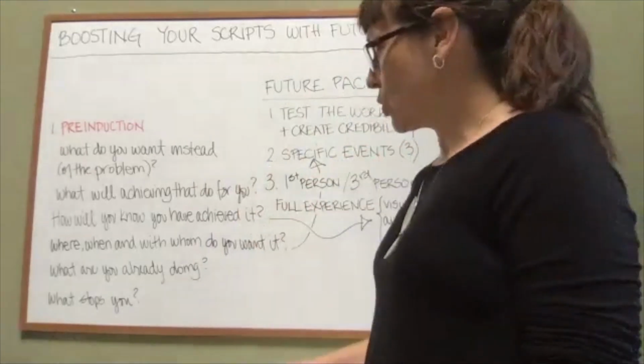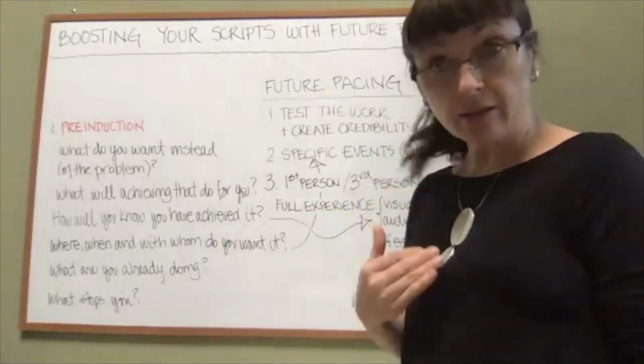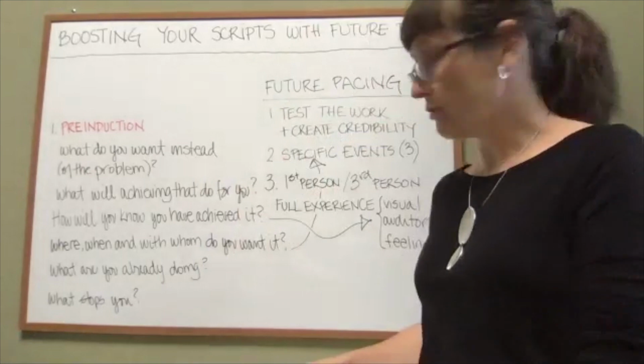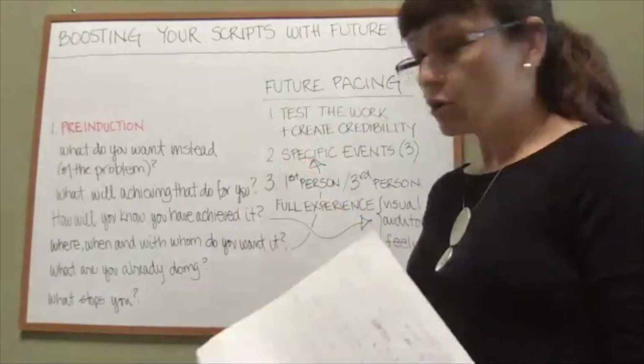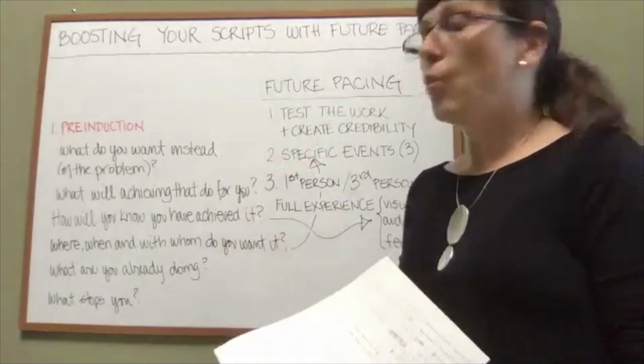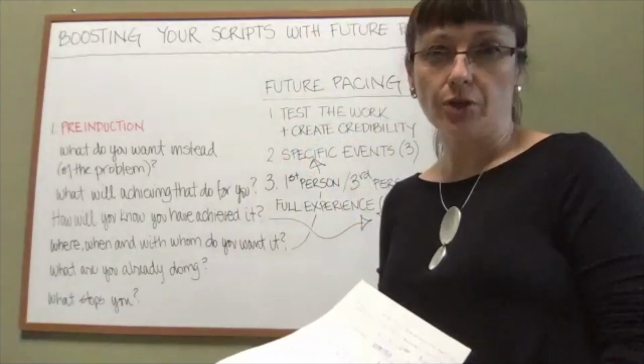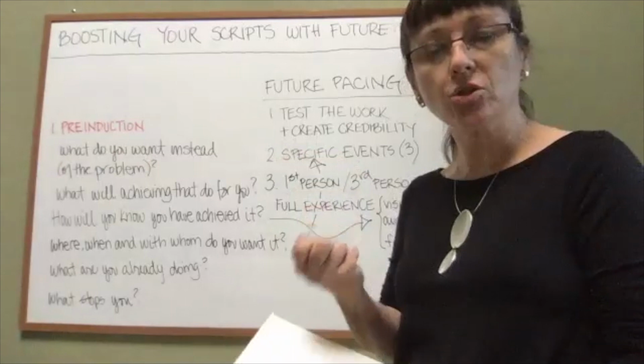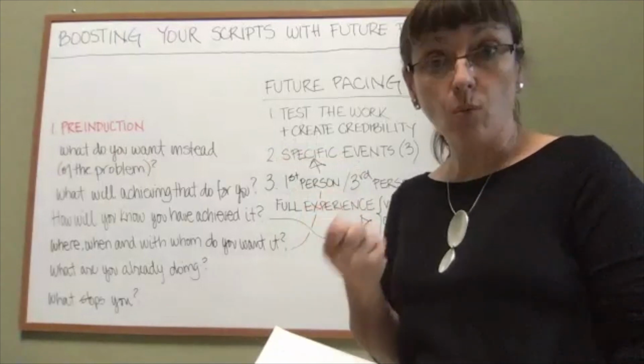Okay, so you want to be able to hear them and then express yourself. Yes, okay, perfect. Next question. What will achieving that do for you? Right? We're getting a little deeper into what it is they're wanting.